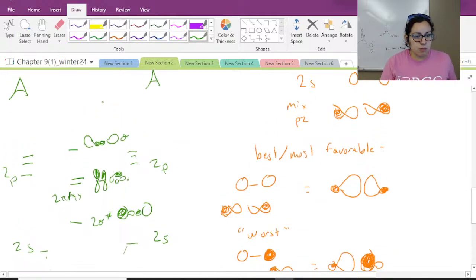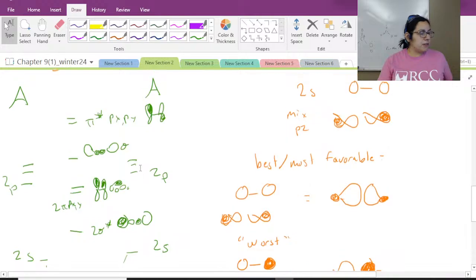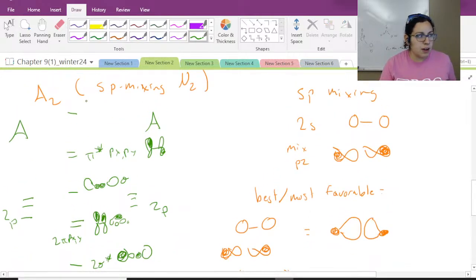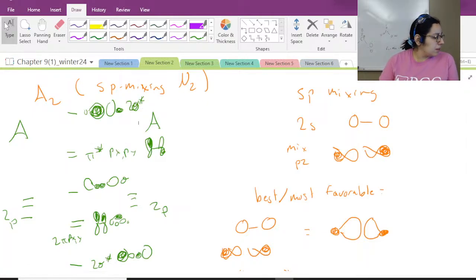And then we can fill in the rest. So right back to our pi antibonding orbitals, so px, py antibonding. And then, of course, at the very top is where we paid our price. So you would not want to put anything in this orbital. And so now that is our 2 sigma antibonding orbital, our very bad one.